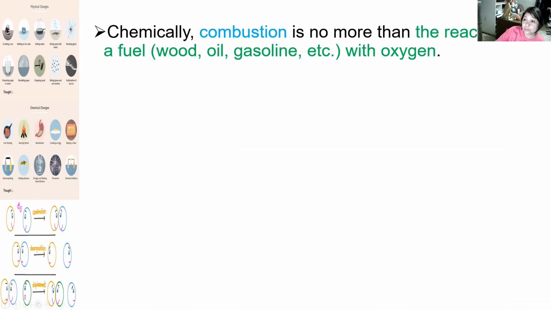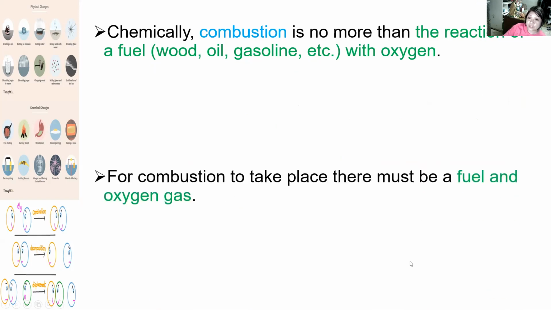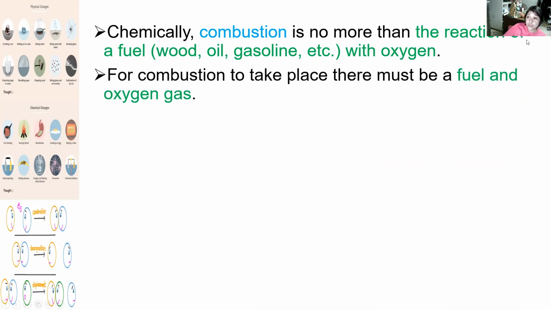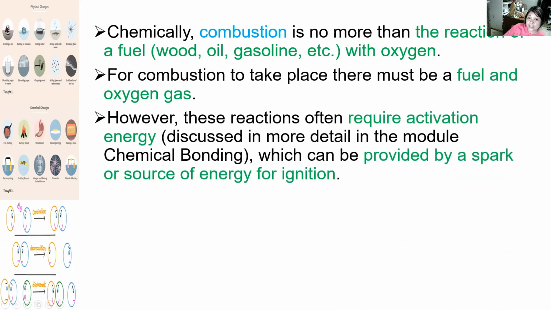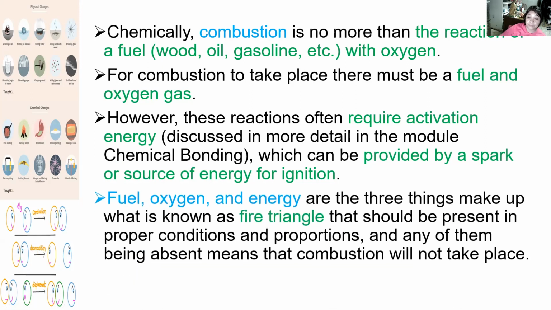Chemically, combustion is more than the reaction of a fuel, wood, oil, gasoline, etc., with oxygen. For combustion to take place, there must be a fuel and oxygen gas. However, this reaction often requires activation energy, which can be provided by a spark or source of energy for ignition.